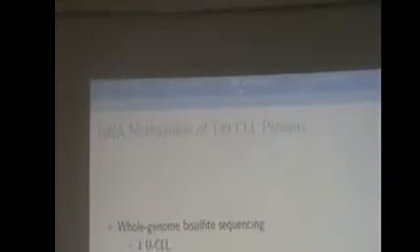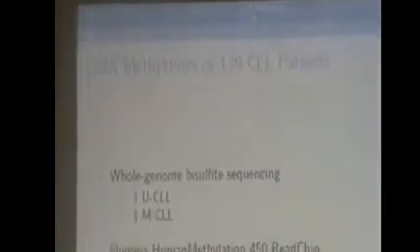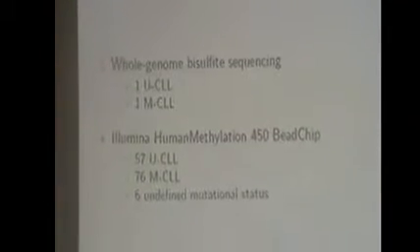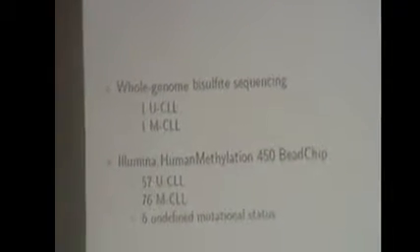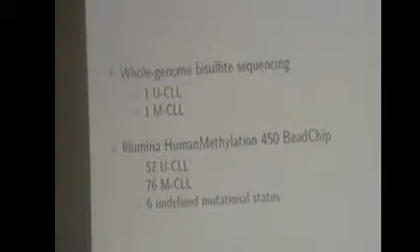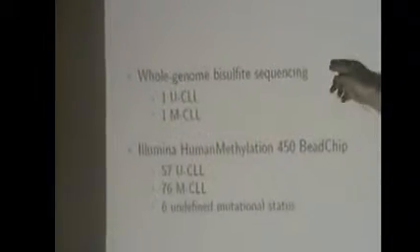So what we had available for this study were the DNA methylomes of altogether 139 CLL patients. So you see again, that is quite nice for statistics if you have a lot of samples available. So we had a good number of patients right here, but for whole genome bisulfite sequencing, we just did one sample for each subtype.